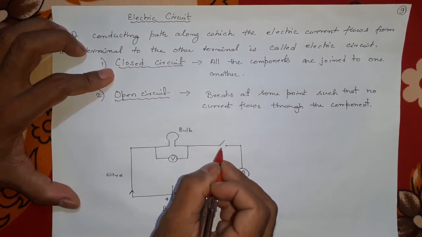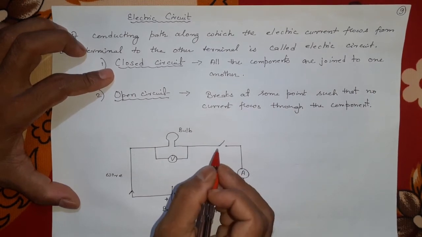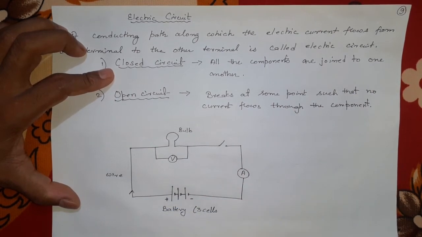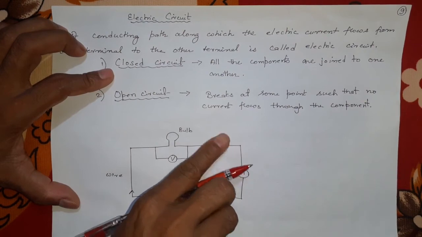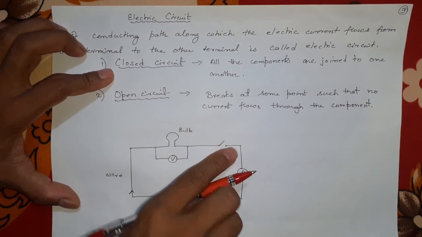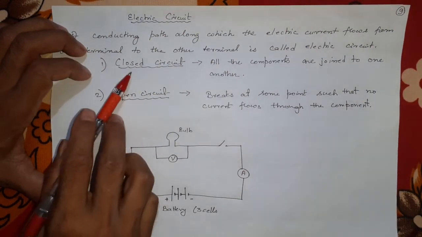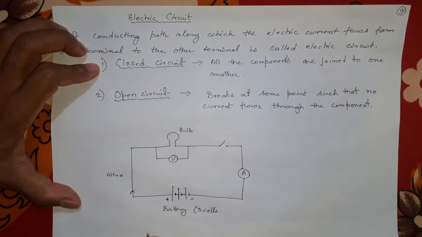if this is off, broken means off, this is called open circuit, right? If you put this down on, that will be closed circuit. This is open.